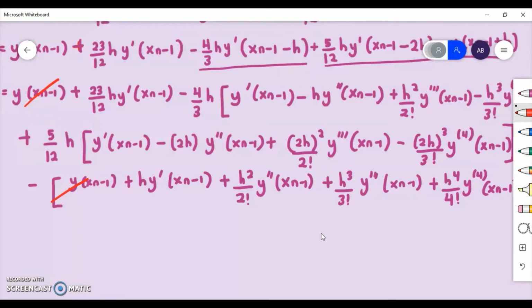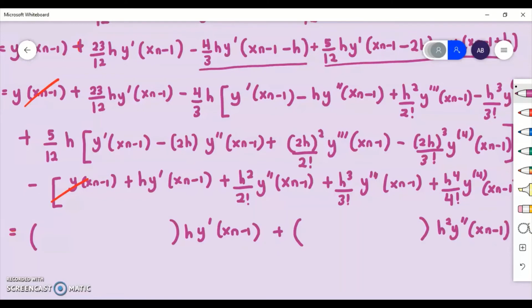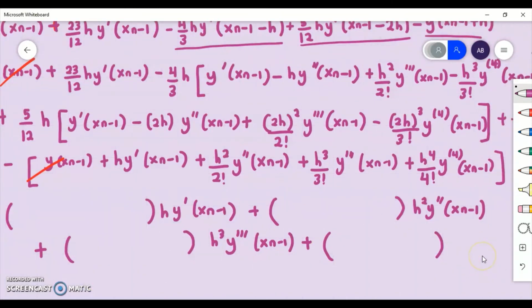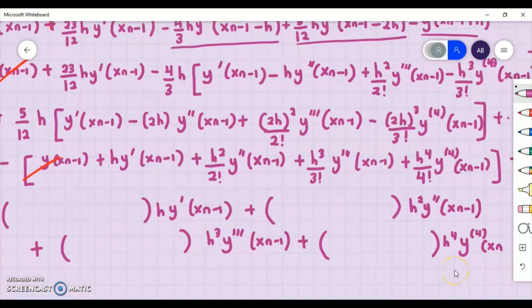You can collect all the terms involving h y prime x_{n-1}, and then collect all the terms involving h squared y double prime x_{n-1}, and then collect all the terms involving h cubed y triple prime x_{n-1}, and lastly all the terms involving h to the 4th, the fourth derivative, x_{n-1}.